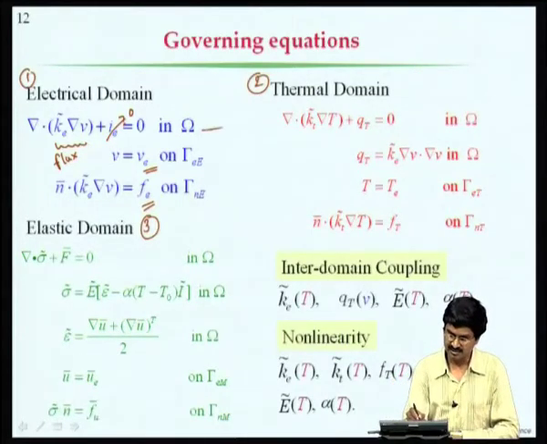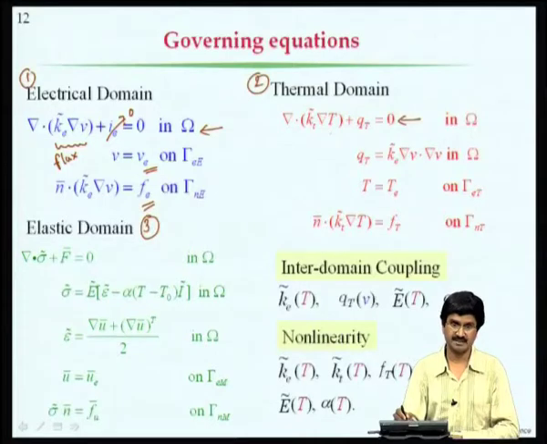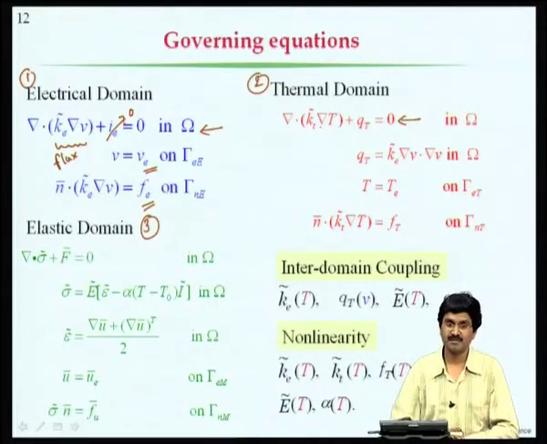If you look at this equation here and this equation, you can see the similarity. Wherever V is there, we have T, the temperature. So, it will be del dot K_T del T, gradient T, and this K_T here is thermal conductivity.